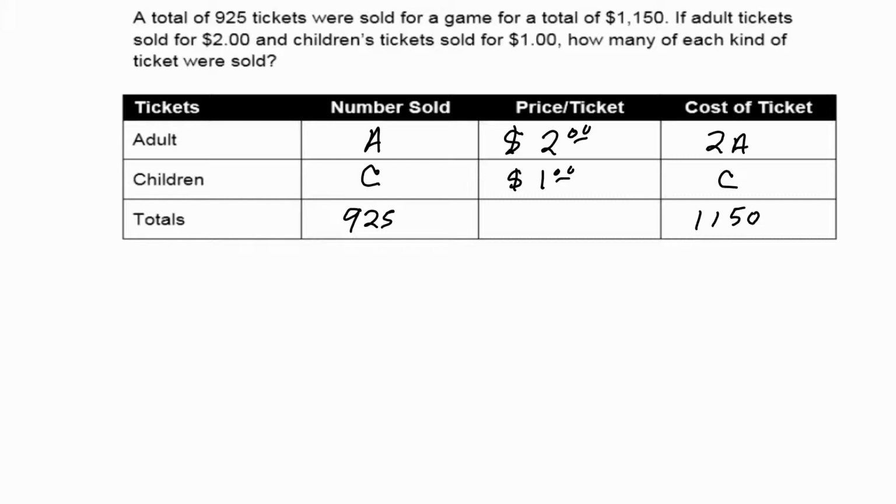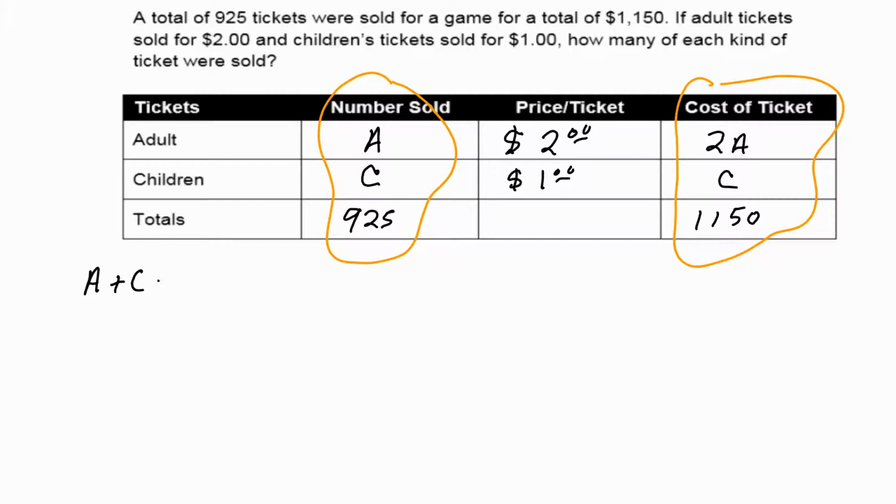So our two equations will be A plus C equals 925, and 2A plus C equals 1150, the cost of the tickets. So to come up with our two equations, A plus C equals 925.